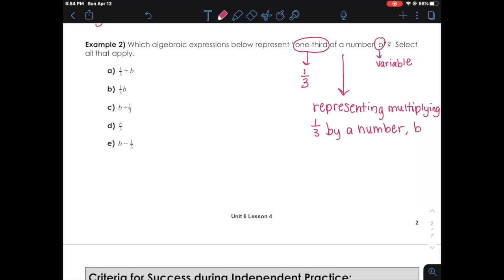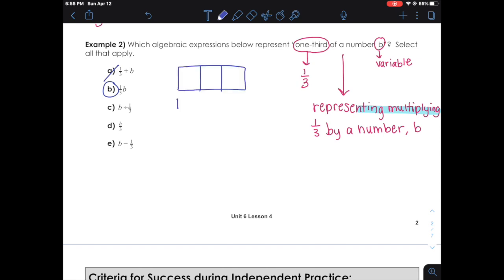So let's look at what we've got. A says 1/3 plus b. Well, we determined that this represents multiplying a fraction, so we know that A is going to be incorrect. B, 1/3 times b. Well, it looks like I'm multiplying 1/3 and b together, so that looks correct. And I could draw a model to help me figure that out.